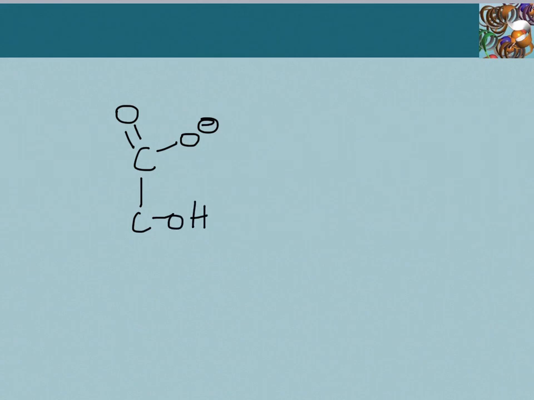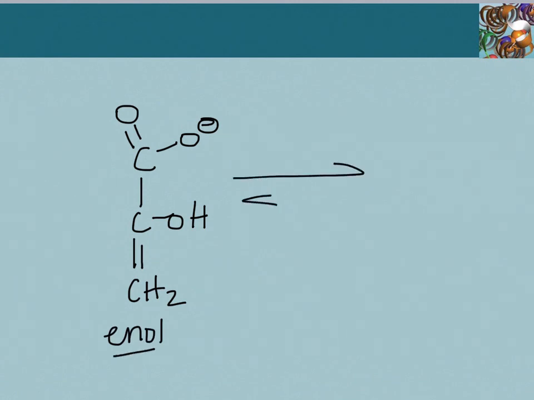So when we lose the phosphate group, we will form pyruvate. This is the enol form of pyruvate. It will tautomerize to the keto form.